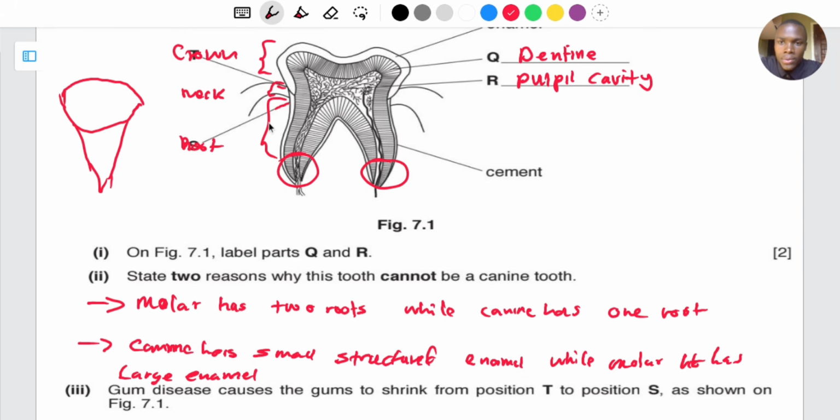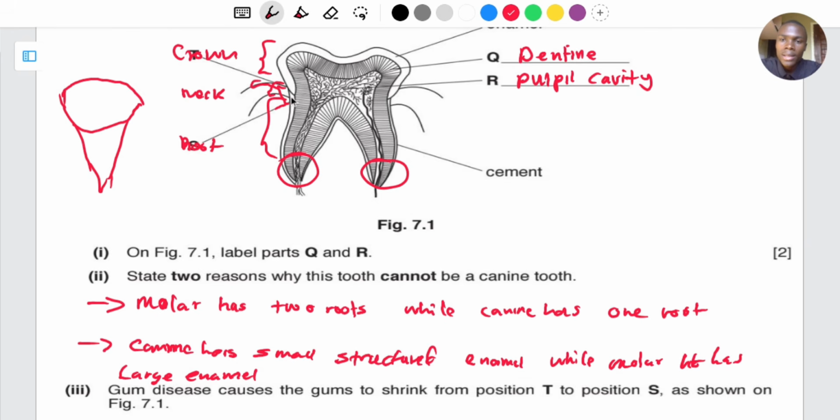So one thing that you need to know here is that if the neck comes to position T, meaning the root is going to be exposed to the external environment, the bacteria are able to invade the gaps. Once they invade the gaps, if food is stuck in those gaps, the bacteria are going to catabolize that food and produce an acid.